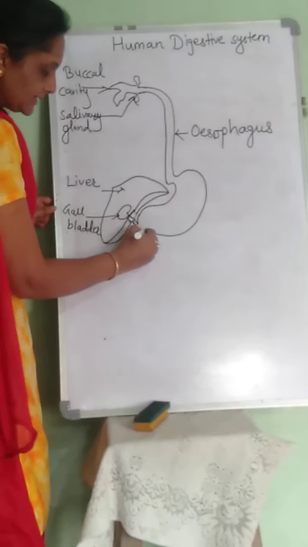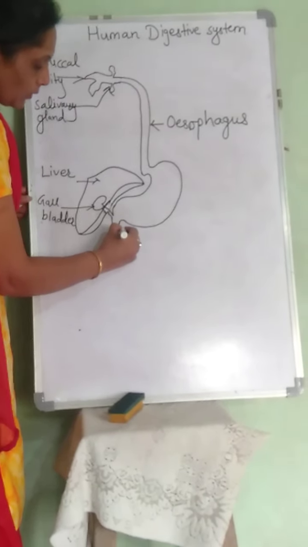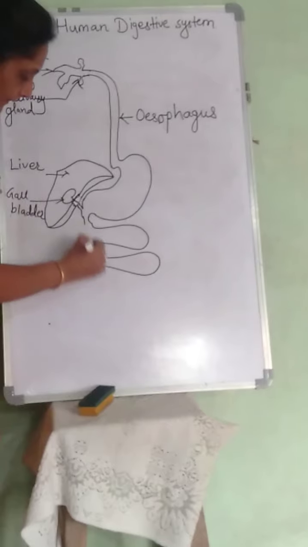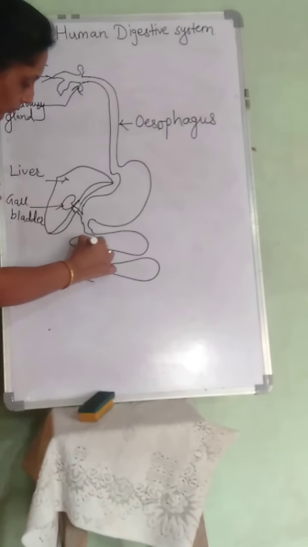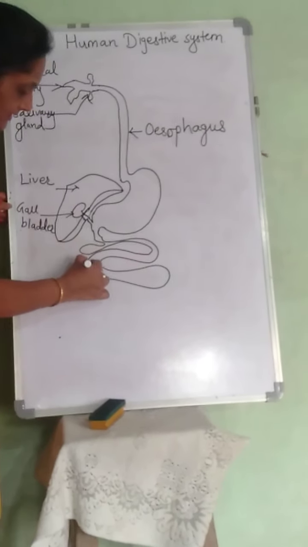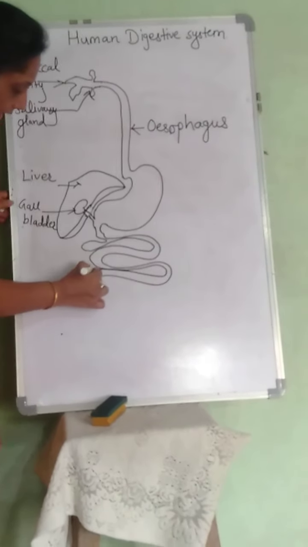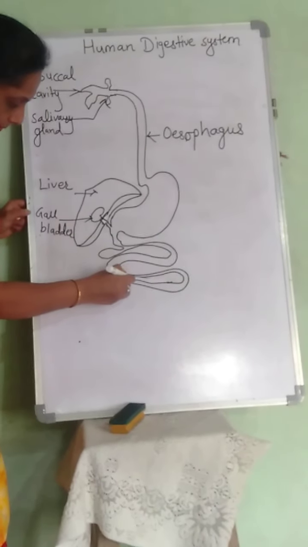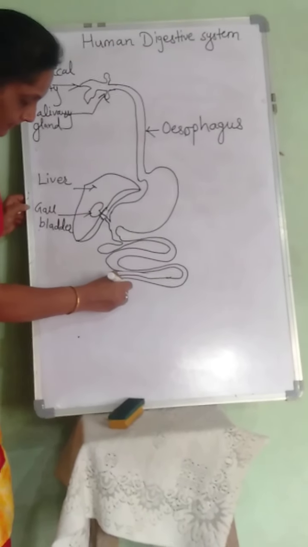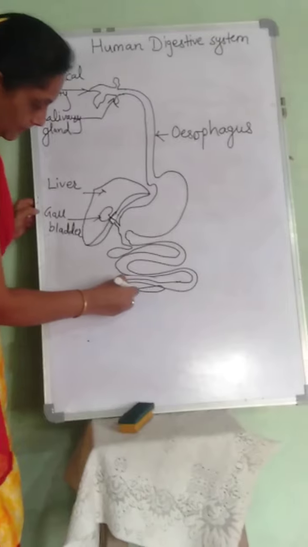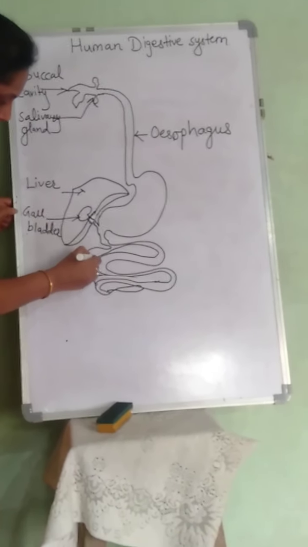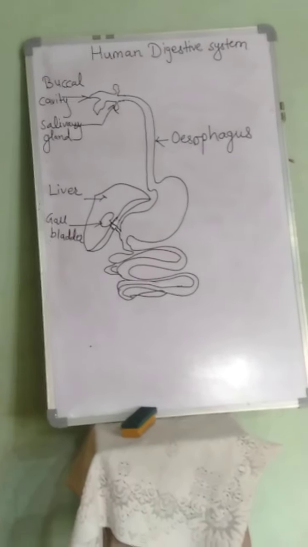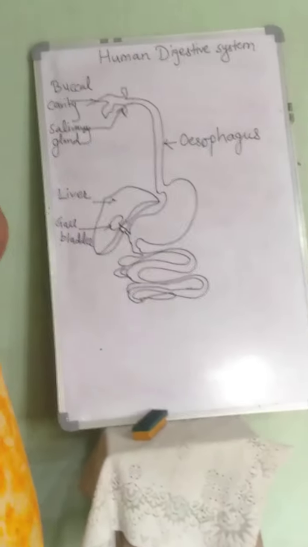Then it extends down as a small narrow coiled tube, which is very narrow, and it is coiled inside the abdominal cavity. Like this, it is coiled and kept in a very small area, though it is very long.